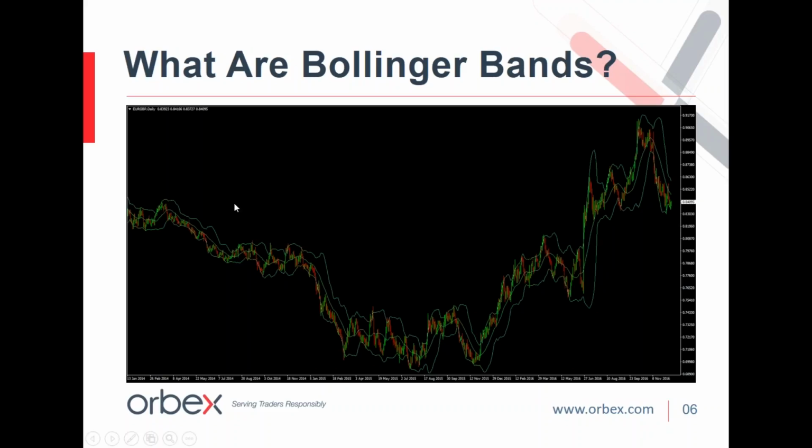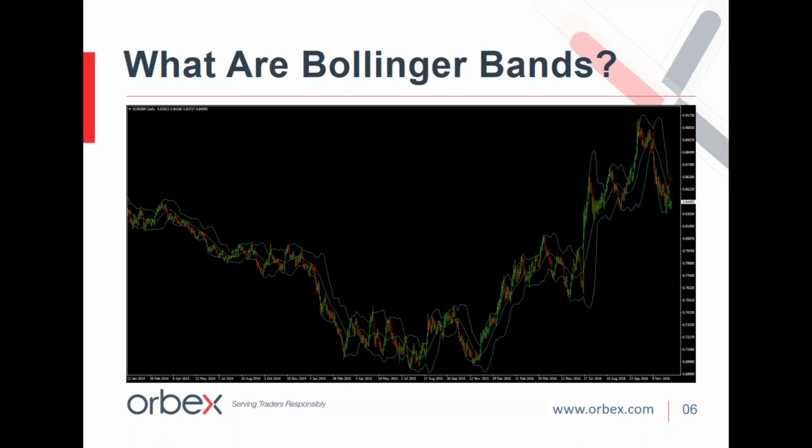So you can see that the bands aren't always the same width apart, rather, okay? At different points, they're very tight, and then at other points, they're quite wide. So the reason for this is that when the bands contract, as you can see here, this indicates that volatility in the market has reduced. And then where the bands widen, as we see here, this indicates that volatility in the market has increased. So that's the bottom line to the indicator.